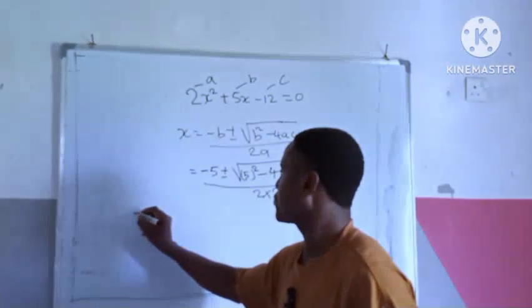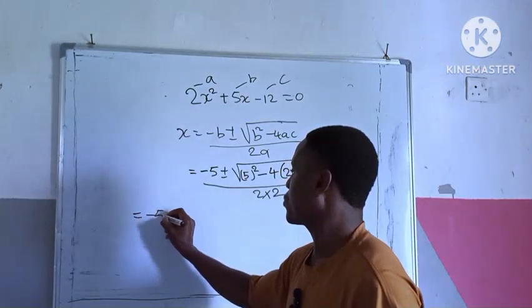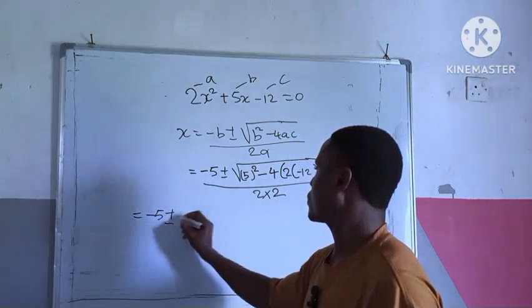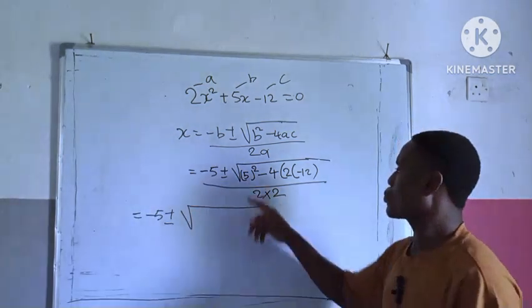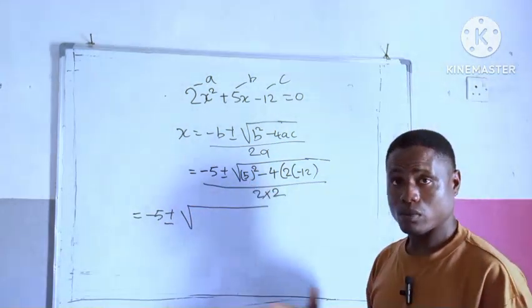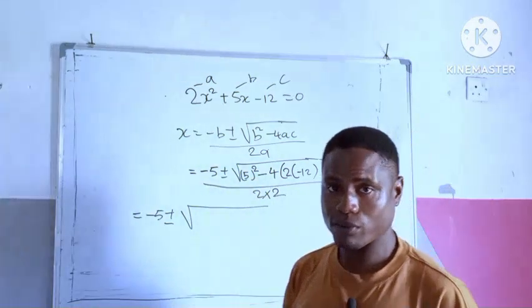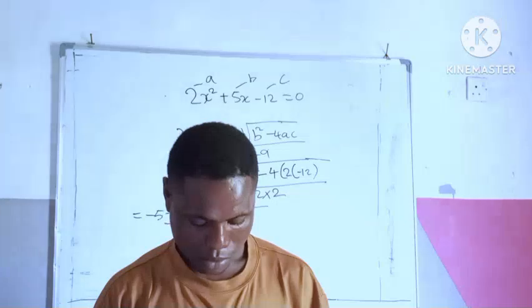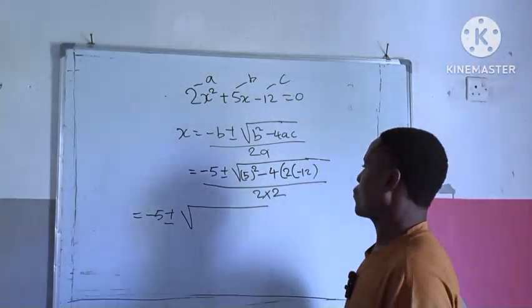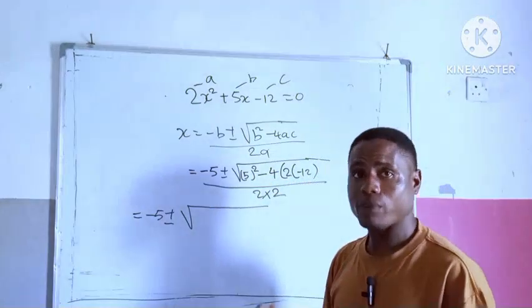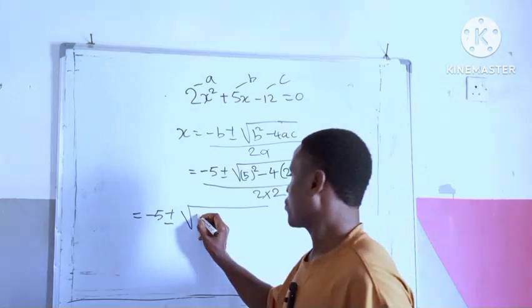Okay, let's continue. So we have minus 5 plus or minus the square root sign. The first one is 5 squared, which is 5 times 5, 25.